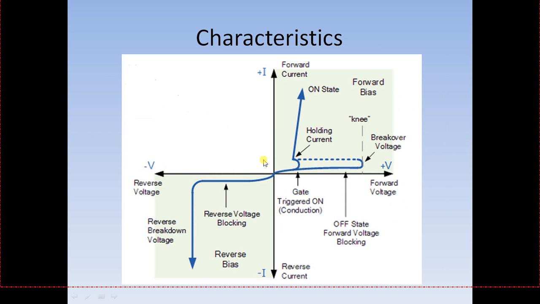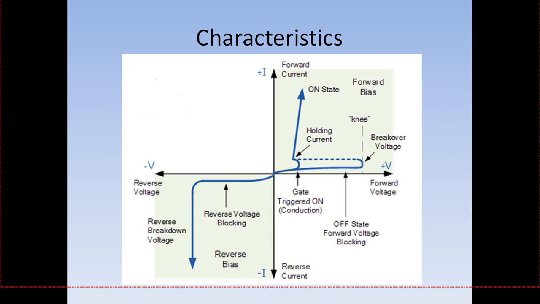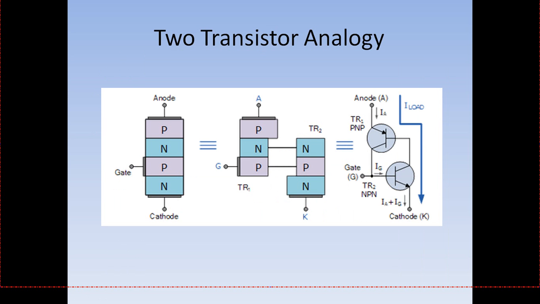Okay, so let us see what are the different biasing conditions for the Thyristor. First one is forward blocking. Now what happens in the forward blocking region? As it is in the forward direction, anode is positively charged, cathode is negatively charged, and there is no gate pulse.